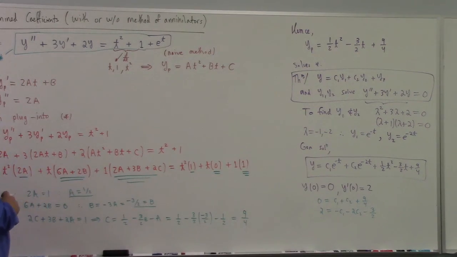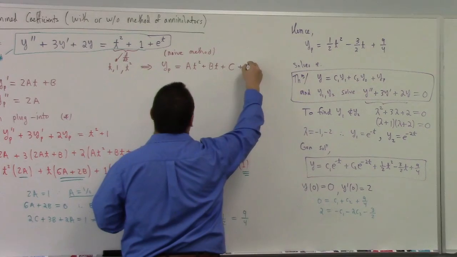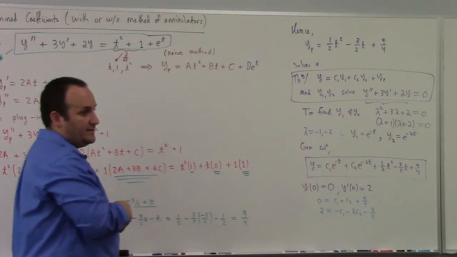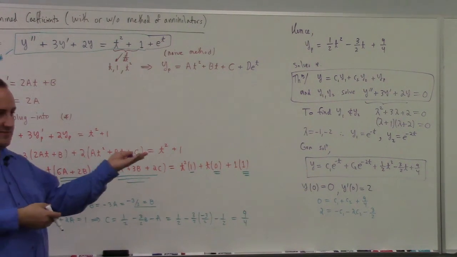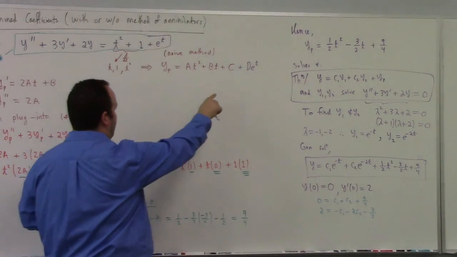What would you do? Everything you did before, and then you just add e to the t, right? Superposition says that everything I did already will still go through, so I'm still going to find a half, minus 3/2, and 9/4 for a, b, c. So I can think about the e to the t term separately, right?